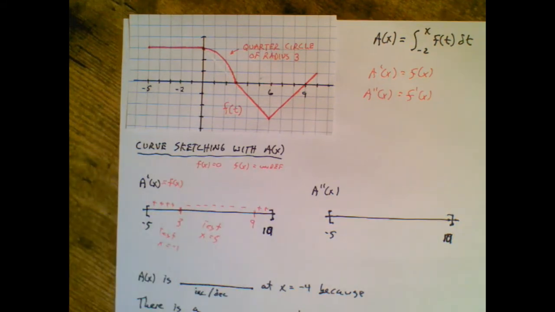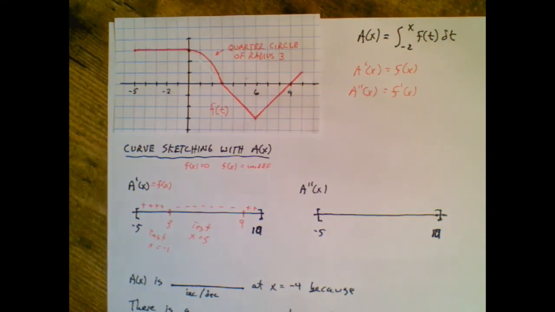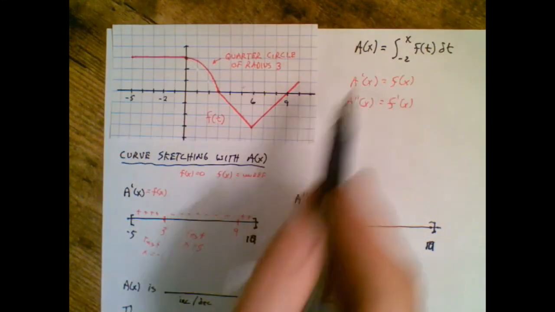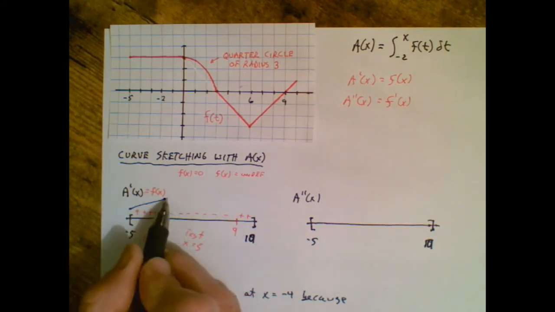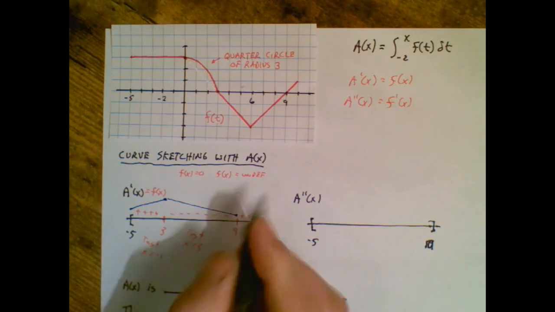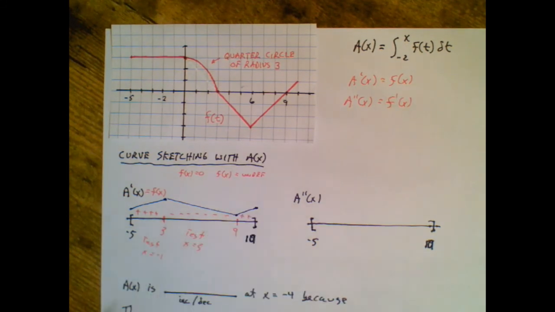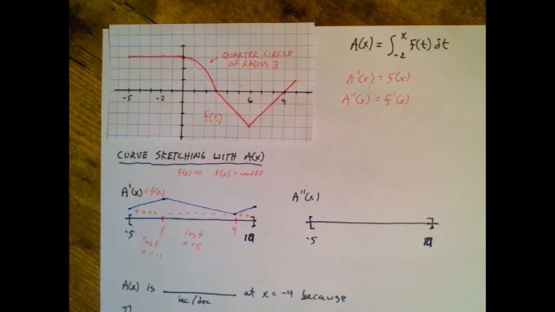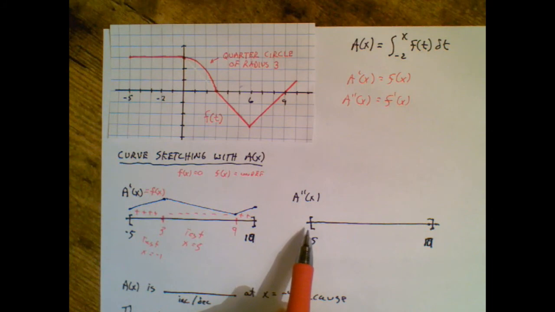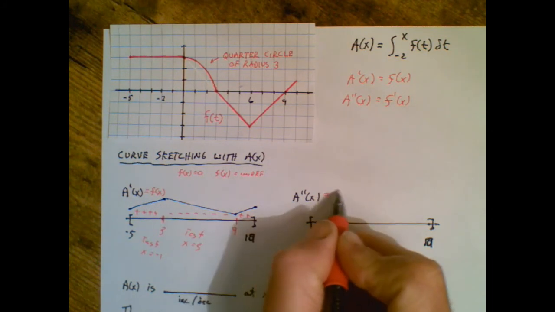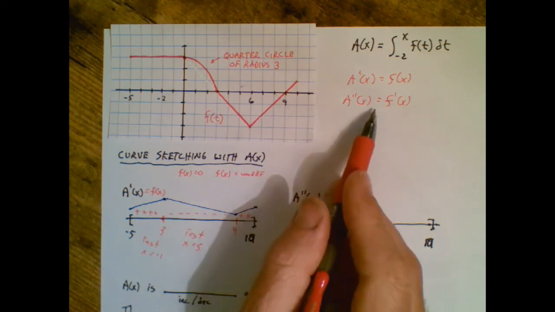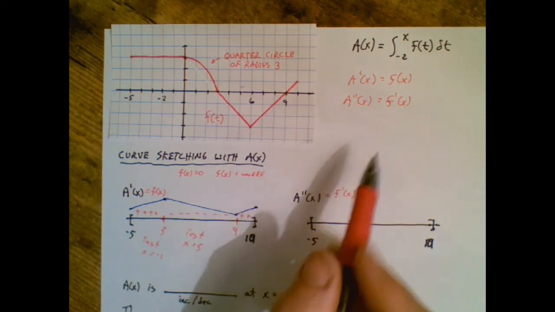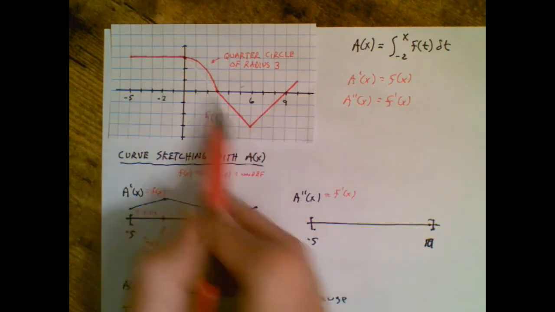So by the way, by doing this, I now know that function A of x is upward sloping, then downward sloping, then upward sloping. So I'm starting to get an idea of what A of x looks like. I'm going to do A double prime of x now, and we know A double prime is f prime because of this derivative relationship. So I'm really going to look at the slope of this.